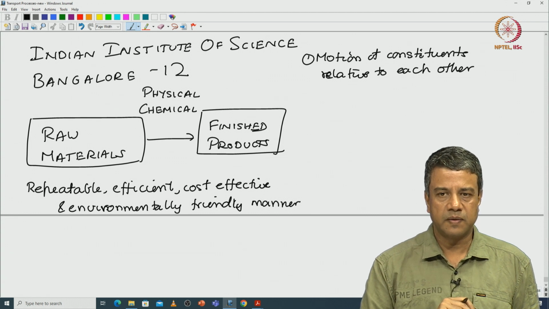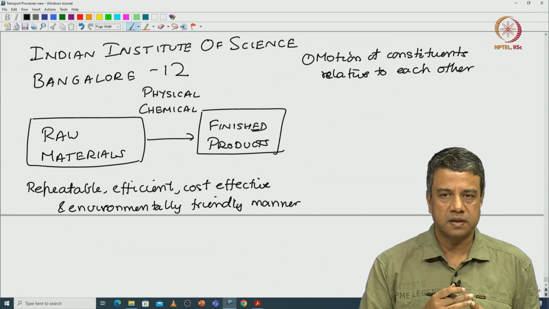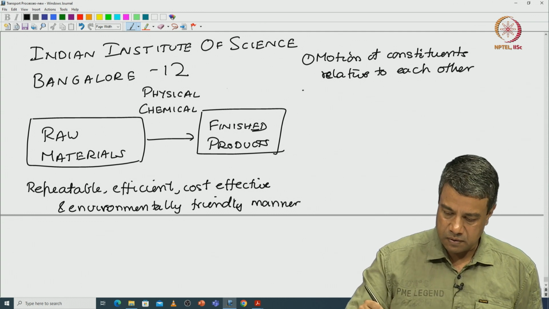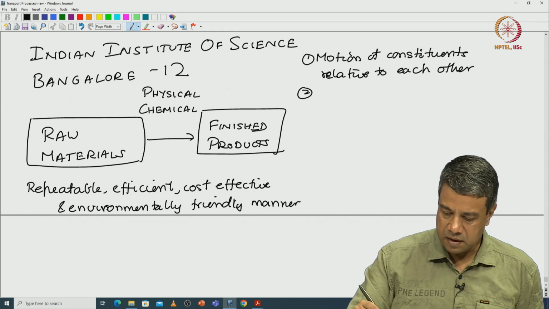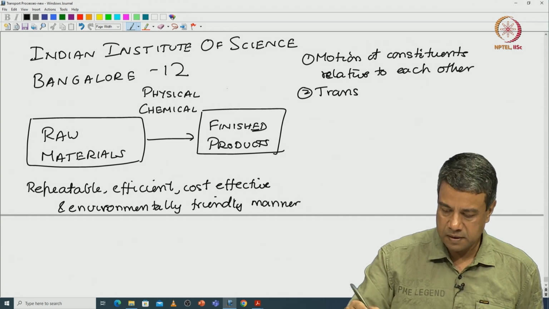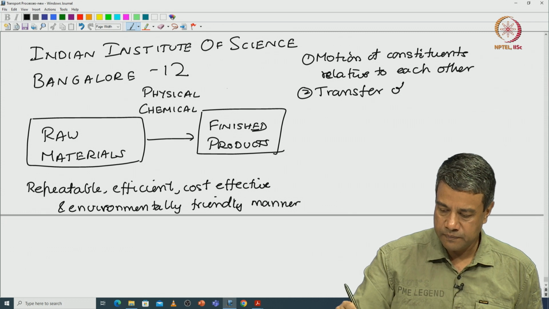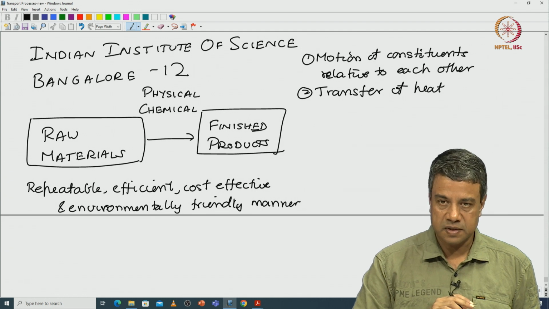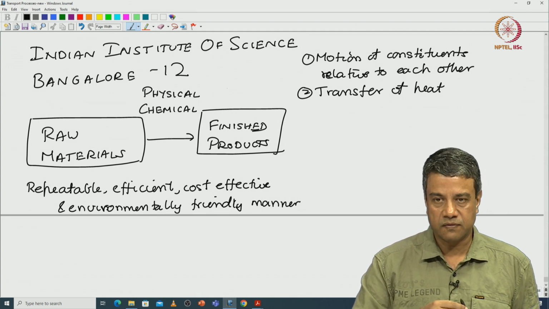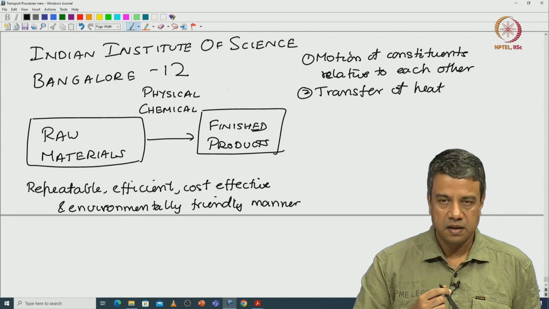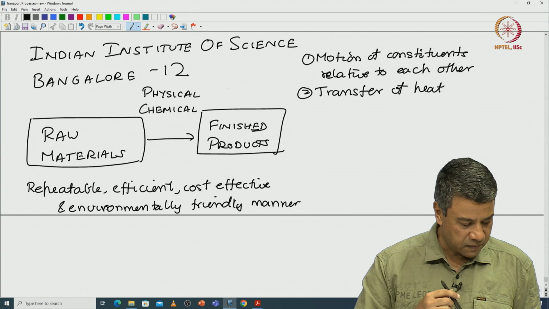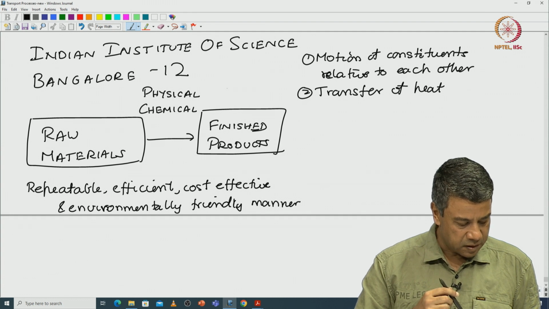So, for example, you could have materials that are diffusing relative to each other in order to effect transformations. You necessarily have the transfer of heat in both physical and chemical processes. Physical processes, for example, heating and cooling involve transfer of heat. Chemical reactions could be exothermic or endothermic, and they involve transfer of energy in the form of heat.